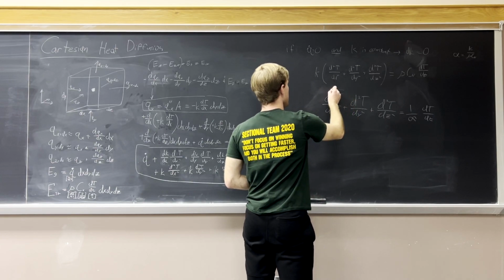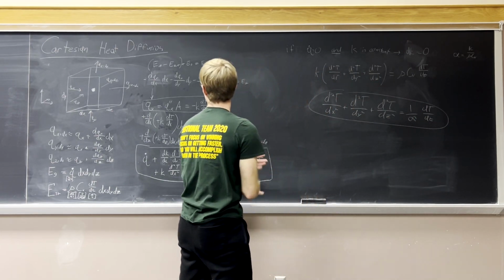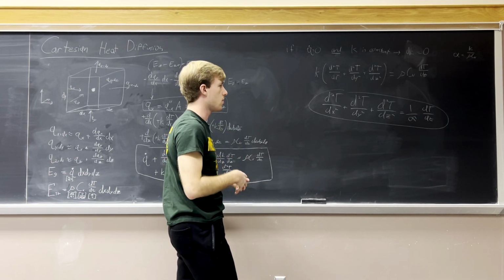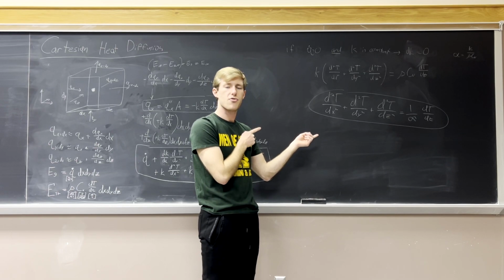And this right here is, for the sake of our class, what we're going to use for the Cartesian heat diffusion. So that right there is our answer. Very, very nice and pretty.